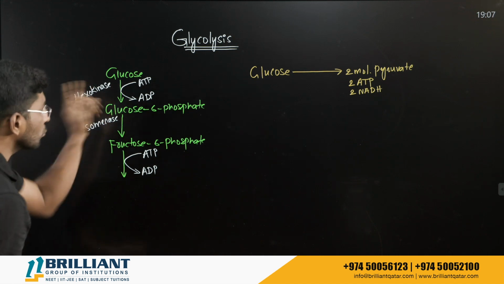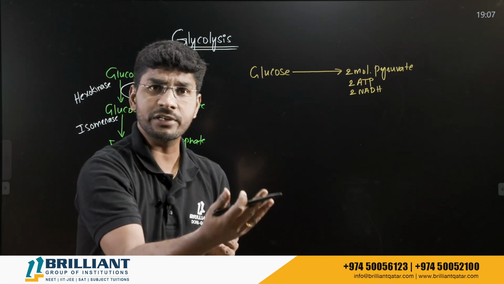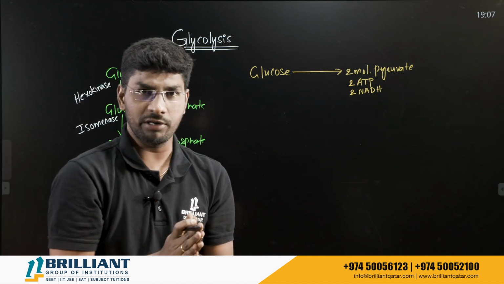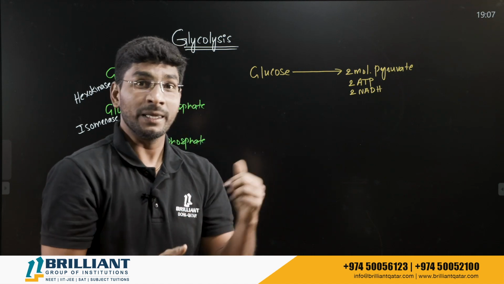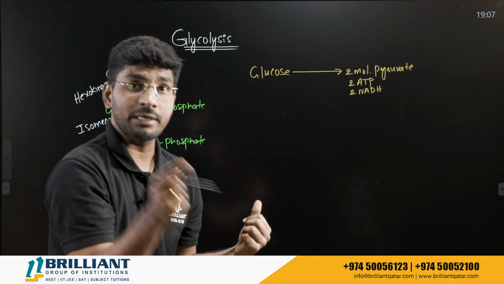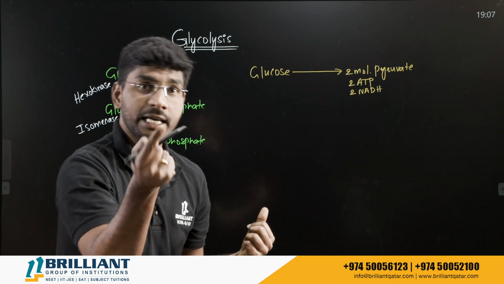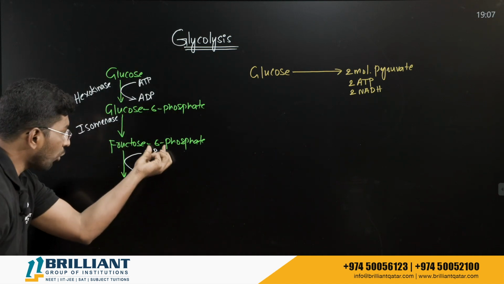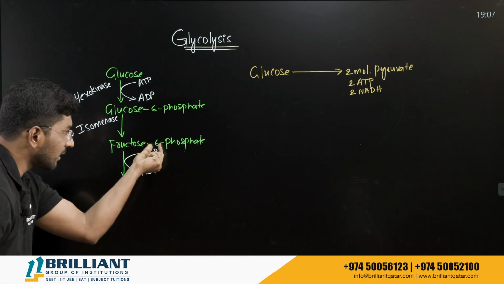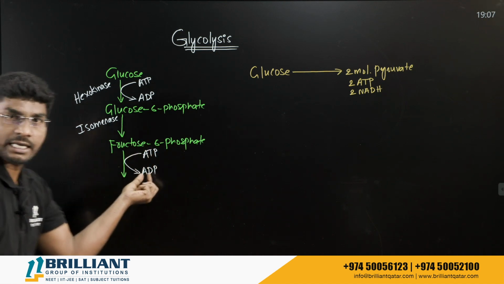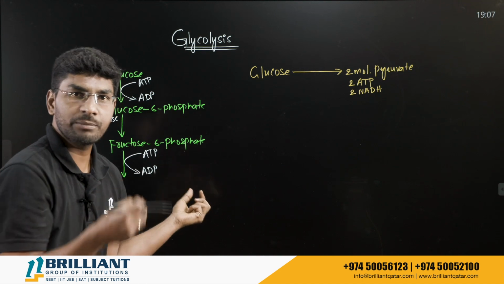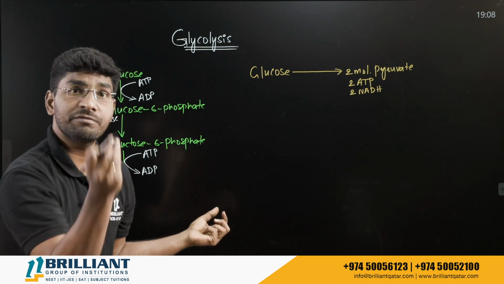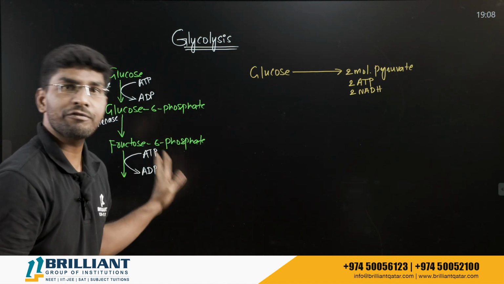Already in the first step one phosphate was given, one ATP we already invested. Now this time the second phosphate is taken from the second ATP. You got my point? That means fructose 6 phosphate already has the phosphate on the 6th carbon. One more phosphate is taken from the ATP. The second phosphate will be on the first carbon of fructose.